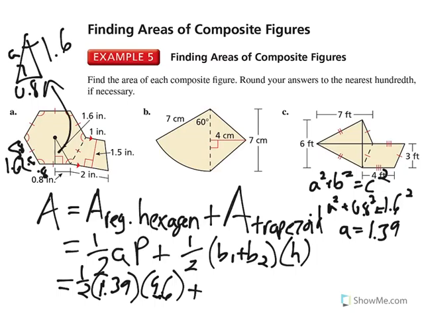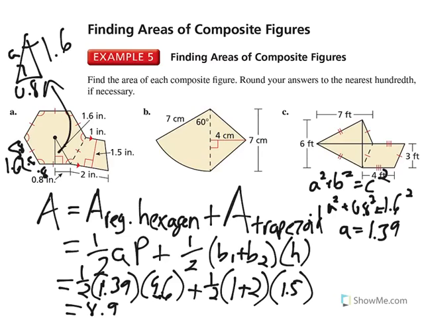And then we're just filling in our trapezoid as well. So then we have 1/2. The bases are the top and the bottom, so that's the 1 and the 2. And then our height is the 1.5. Then you would just put this in your calculator. You can do it separately, or you can type it all out as one. Just make sure you keep your parentheses and do them all in the correct order. When you put that in, you should get approximately 8.9 as your area.